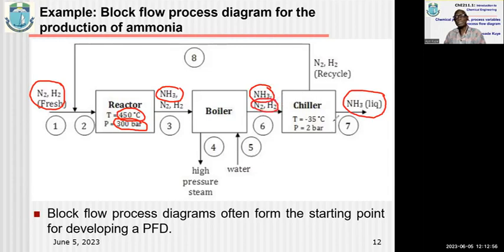So it goes into a chiller where the ammonia is liquefied. Then you have your liquid ammonia going out. And you can also see the process conditions here. And what you have separated is then sent back.